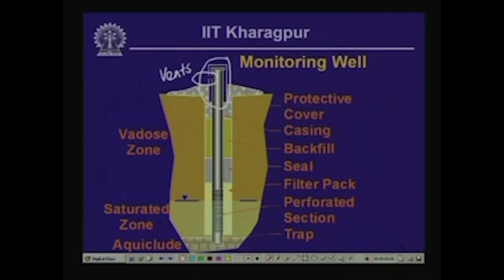So, this here is a concrete encasement in order to hold the protective casing, and then underneath the concrete, within the annular space between the casing tube and the borehole wall, is a semi-pervious backfill.